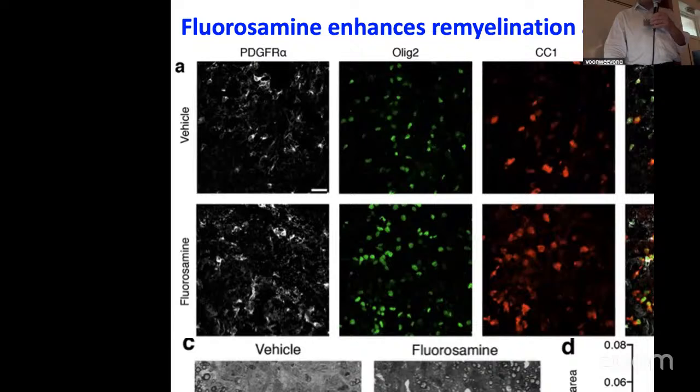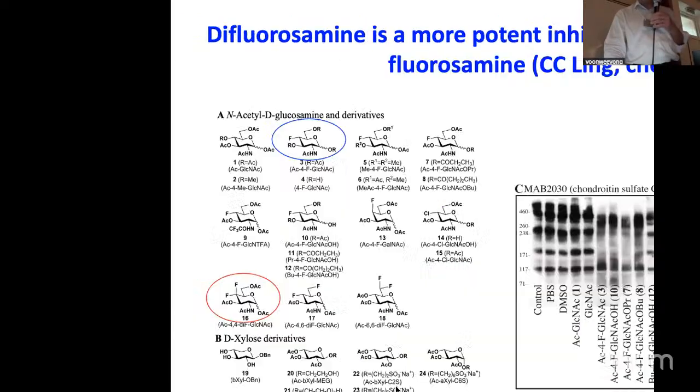So this P equals 0.05 isn't good enough. So we went back to our chemistry collaborator, CC Ling, and asked for more compounds to try to improve upon efficacy. So here is fluorosamine at the top. Again, many different derivatives were made, one of which is this compound with 2 fluoro at the 4th position rather than 1.